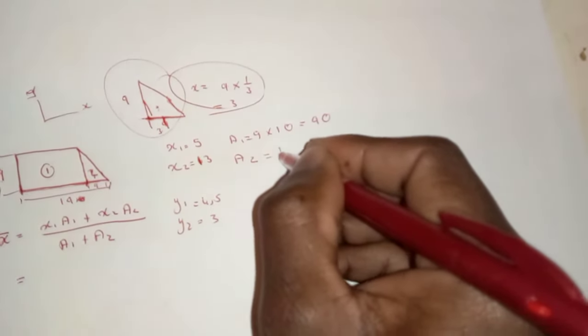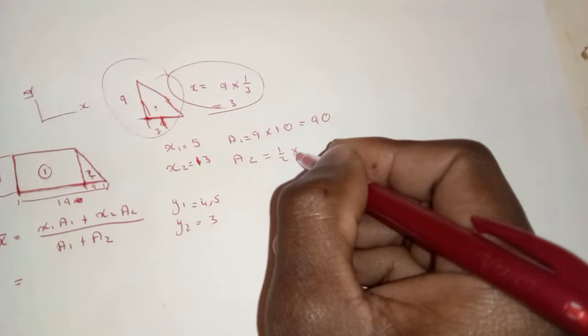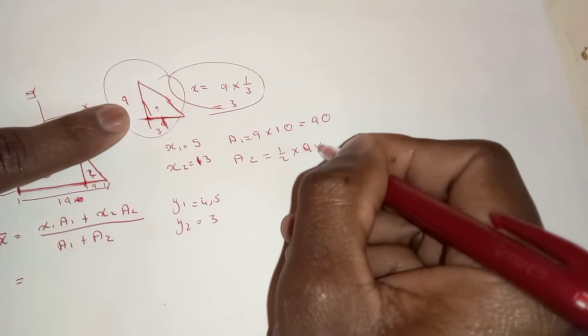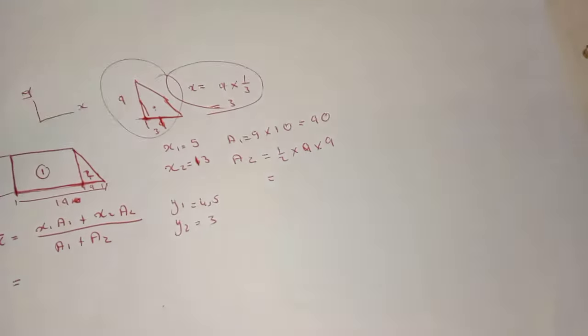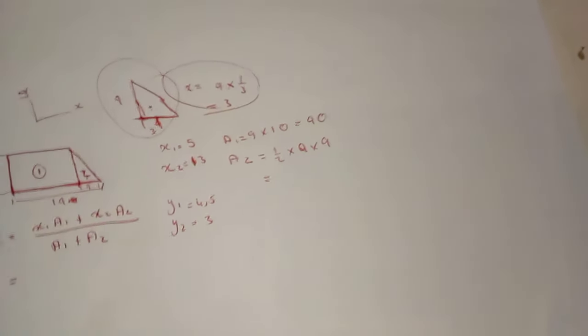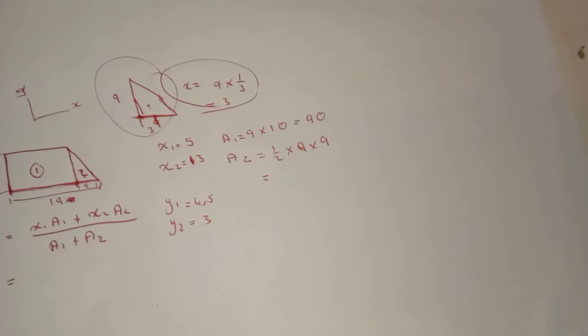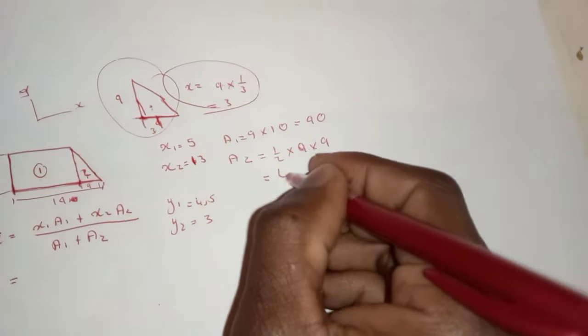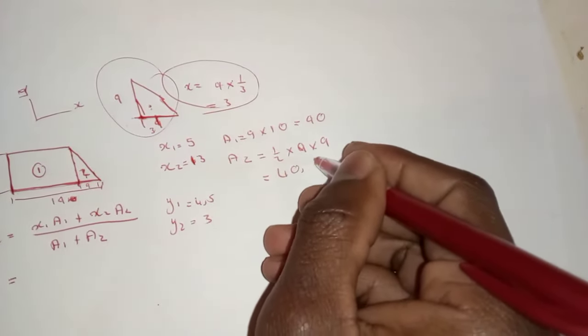And then here it will be 1 half height times breadth. It will be 9 times 9, which will give us 4 times 5, that is 40.5.